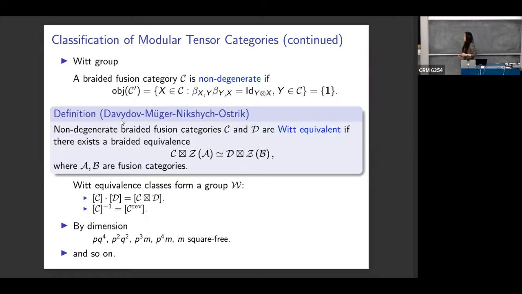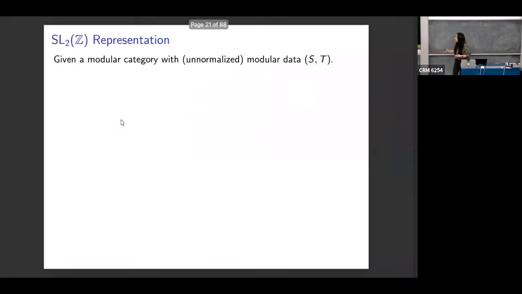Next, I'm going to talk about two properties of modular tensor categories. One is the SL2Z representation. The other is the Galois group action, which are essential tools for our study in these two projects.